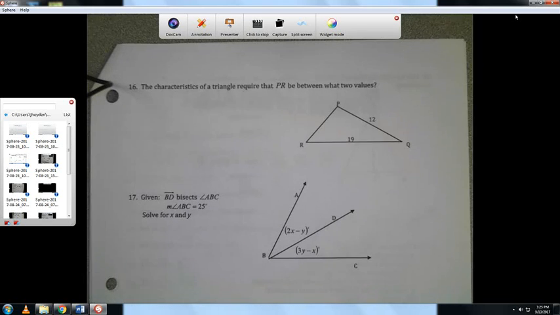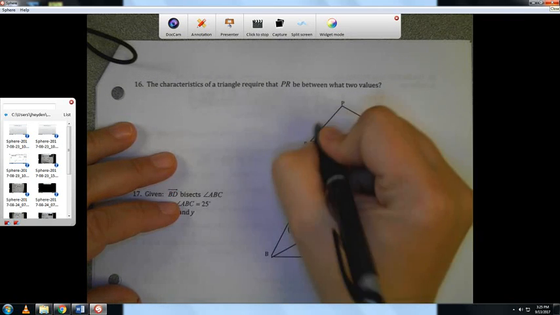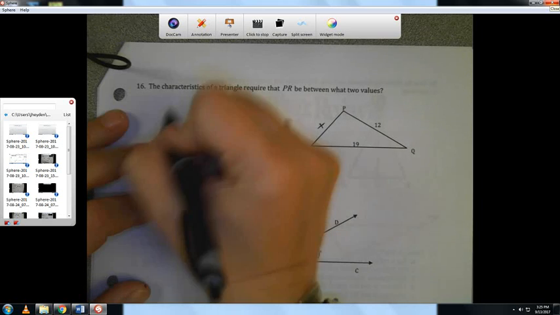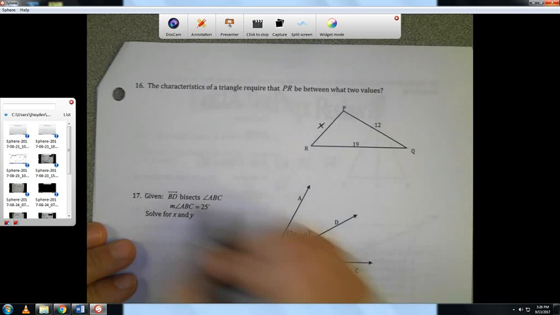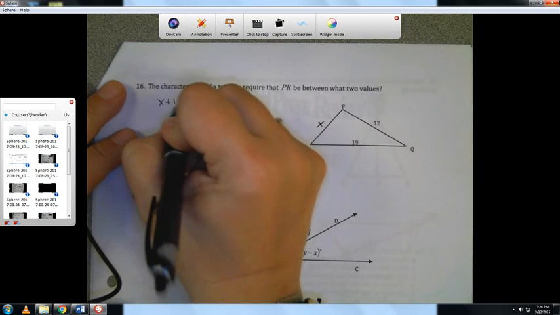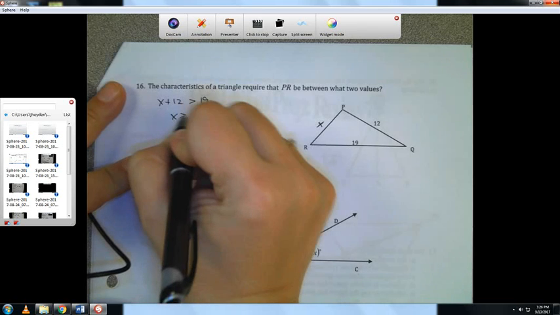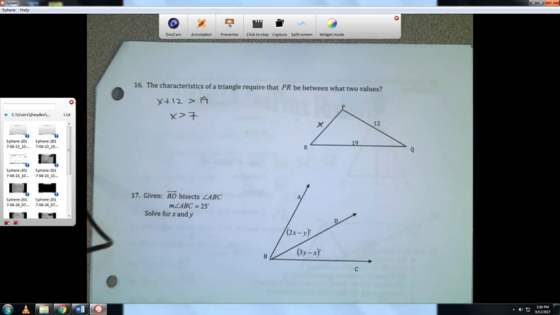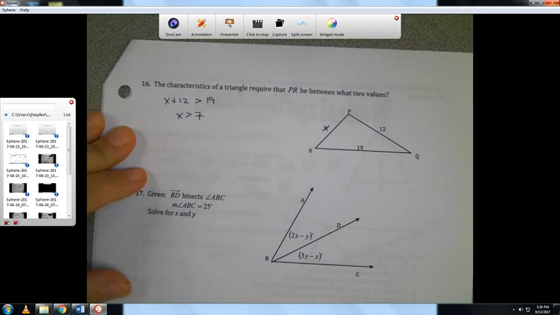Okay, between what two values? So the triangle inequality theorem says, I'm going to call this x. First of all, when you add any two sides, it's got to be larger than the third. So that means x plus 12 has to be bigger than 19, which means x has to be bigger than 7. So that's basically the smallest that x can be.